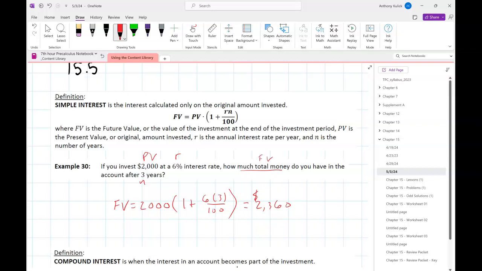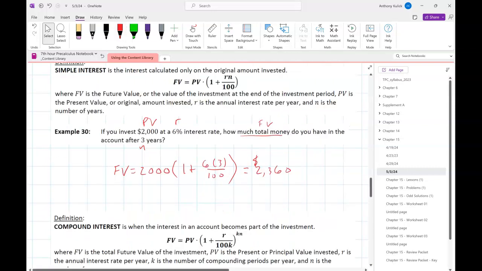Very easy, just like plugging stuff into a formula, right? How much interest did we end up making in that 3 years? How much money did we make off interest? $360, right? My future value minus my present value should give you the amount of interest earned, right? I'm not going to write that down, but that's a question I think comes up in the homework a bunch of times, asks you how much interest was earned. It should be really obvious what to do, but just double check, make sure it's obvious for everybody.